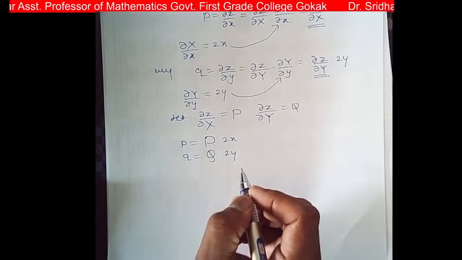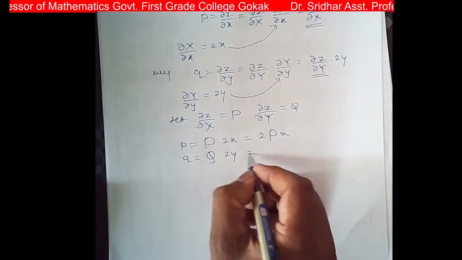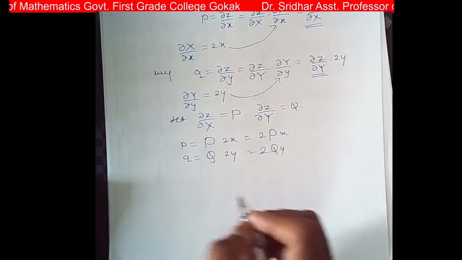That is, p is nothing but 2 capital P x, and q is 2 capital Q y.